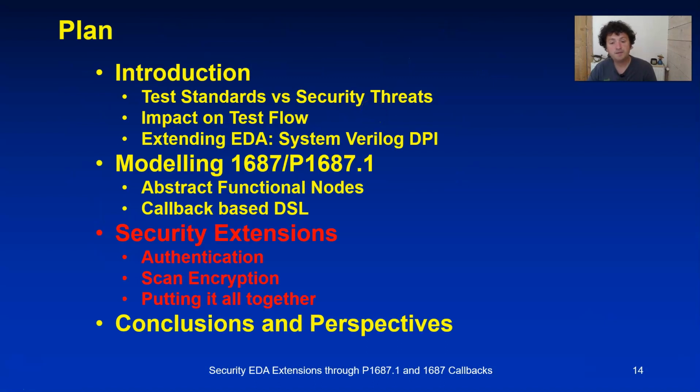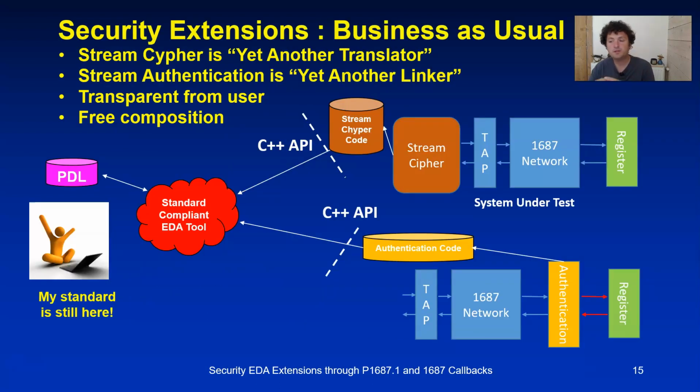Now that we made this modeling, how can we actually use it to express security extensions? Well, it's actually pretty simple, because thanks to this abstraction, security is just business as usual. If you have a stream cipher, you just change the flow of RVF packets, so you can describe it as a translator and provide the code to your tool.